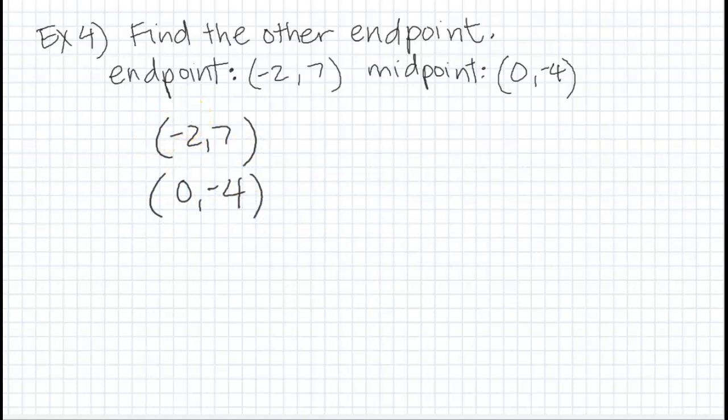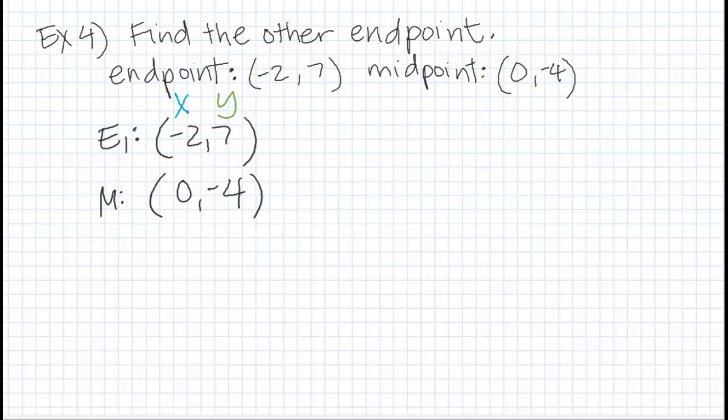What happens when I do that is it aligns my x values here and it aligns my y values here. So this is my first endpoint, and this middle point should be my midpoint.